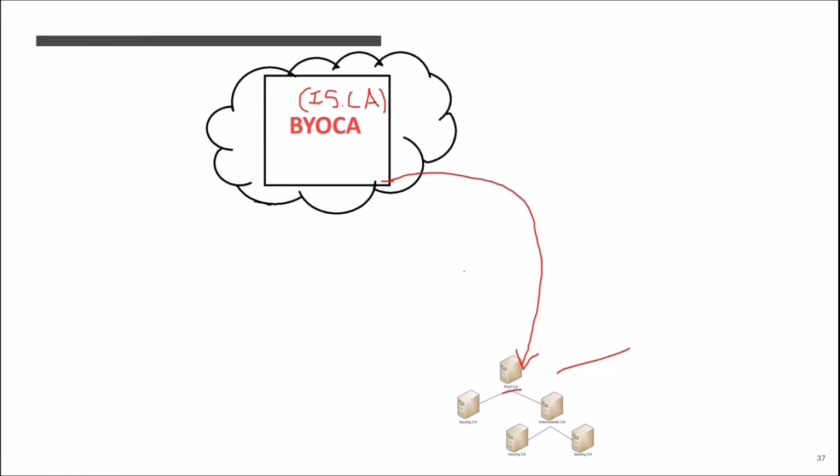For BYOCA, only if you have an on-premise presence can you make use of bring your own CA. If you don't have an on-premise presence, then you can go with Microsoft managed. We are going to talk about the advantages and disadvantages of all of that later on, but right now, let's understand the two methodologies. Now let's understand how to set up both.